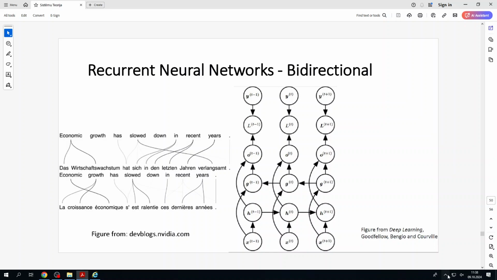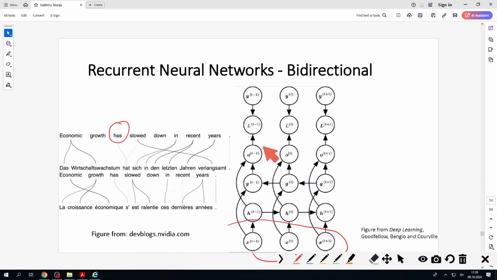So here we have the input. Let's say, for example, this word "has". And then we calculate not one hypothesis, but two hypotheses. This is, in a sense, the past, everything that was all the way up to before this word, and this, in a sense, is the future, what comes after.